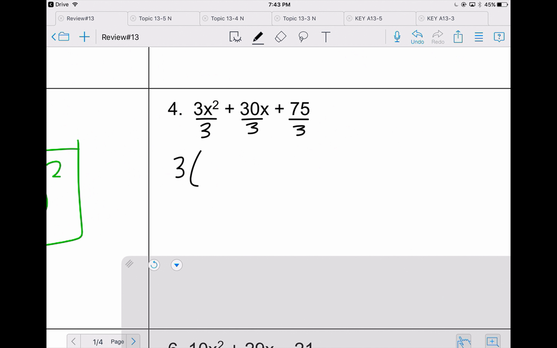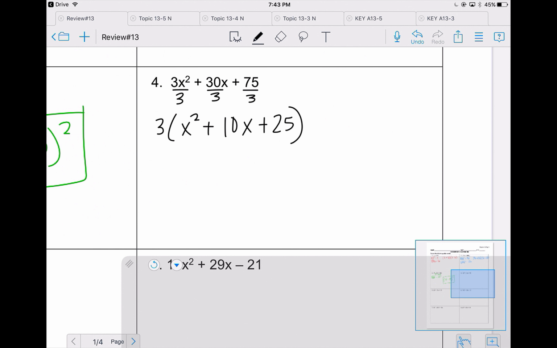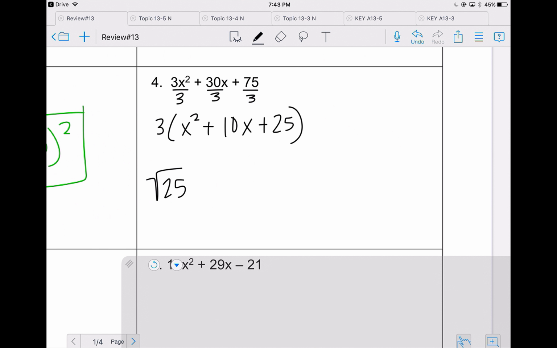So I can take out a 3: x squared plus 10x plus 25. From here, I can take the square root of the last term, which is a 5. The middle term is 2 times 5 and is a positive. So my answer is going to be the GCF of 3 and then x plus 5 squared.